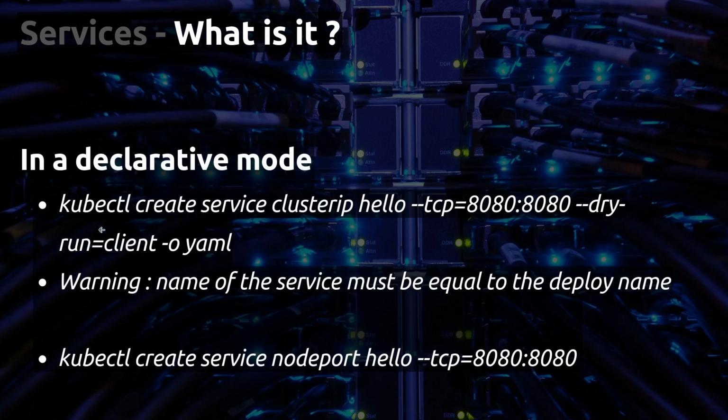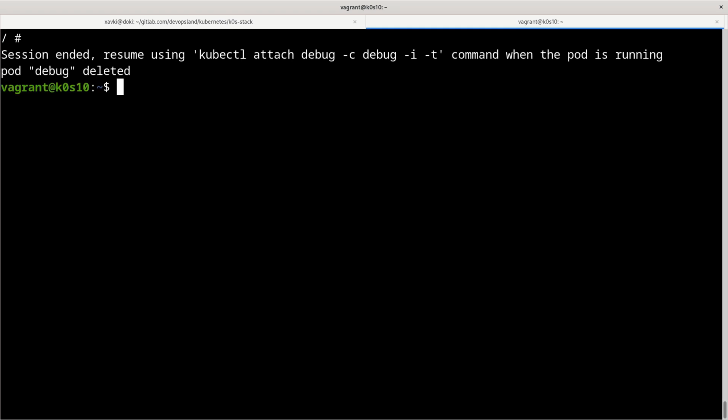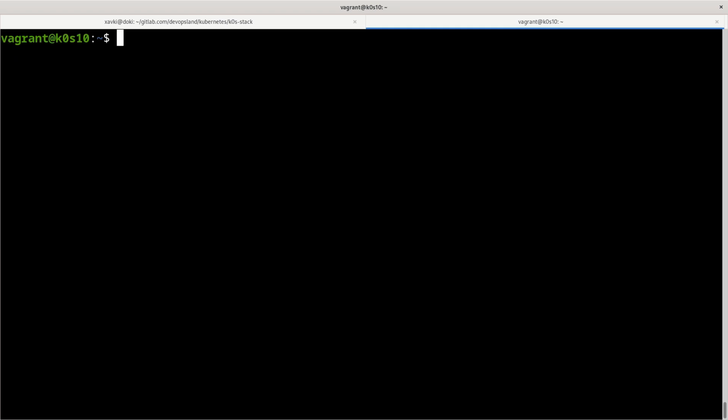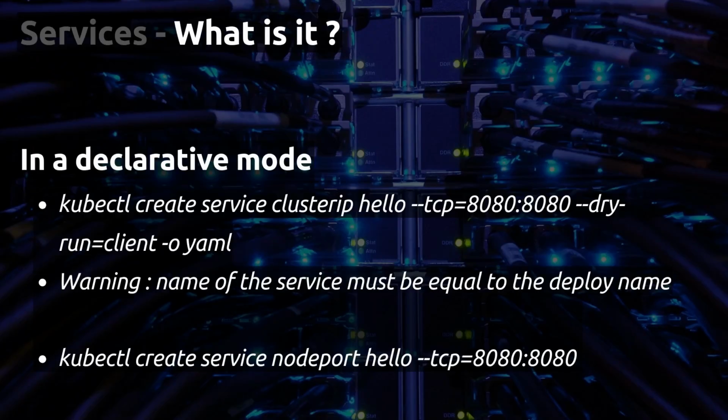So now we know what an expose is, and maybe we want to create a service like we create a deployment. We want to create it with a manifest, and to do that we can use the same thing as with a deployment. So we can use kubectl create service.